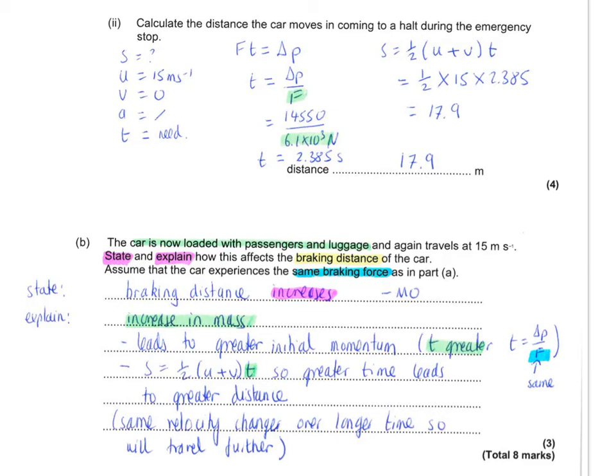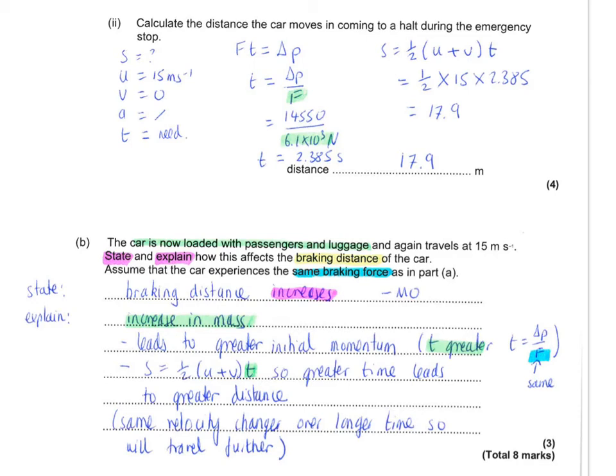So the marking points are that loading with passengers and luggage increases the mass. Looking back at your previous solution to part 2 above, you can realise that a greater mass leads to a greater initial momentum, and if you look at the maths in your equation there, that would lead to a greater time in order to bring the car to a stop.